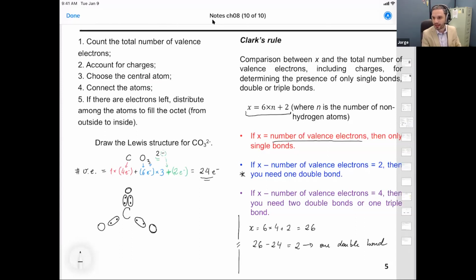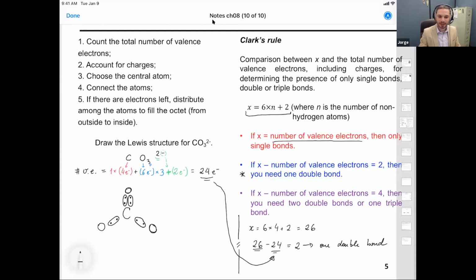Okay, so when I'm calculating, X is 6 times the number of atoms that are not hydrogen. Attention with that. You are going to count the atoms that are not hydrogen. In this case, we have 4. 6 times 4 is 24, plus 2, that's 26, and that's the number right here. And remember that 24 came all the way from here.